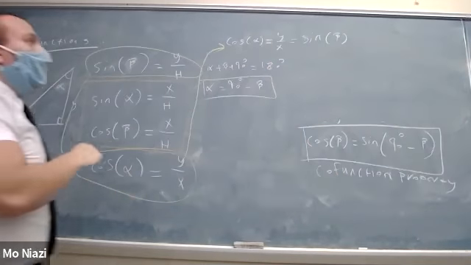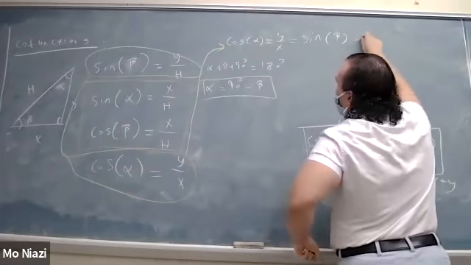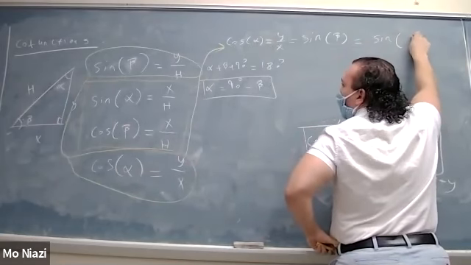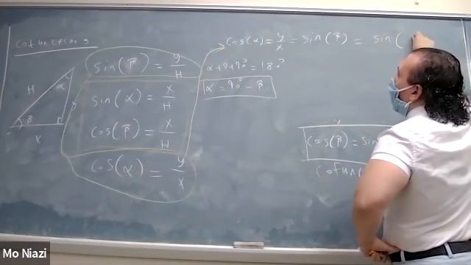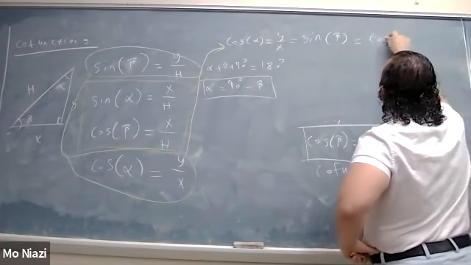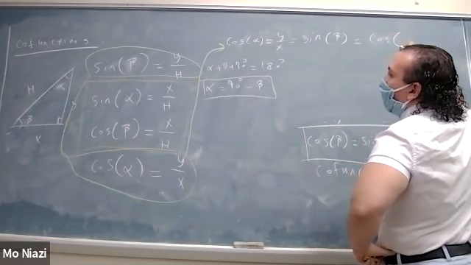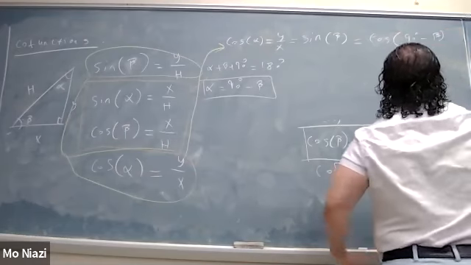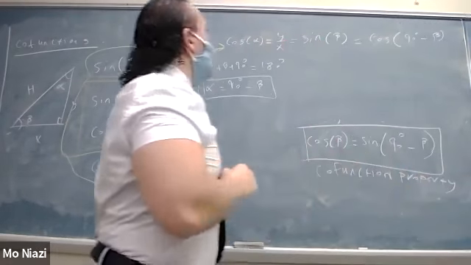So then this is the same thing as, oh, this is the same thing as cosine. Cosine of alpha is the same thing as cosine of 90 degrees minus beta, because alpha is the same thing as 90 degrees minus beta.